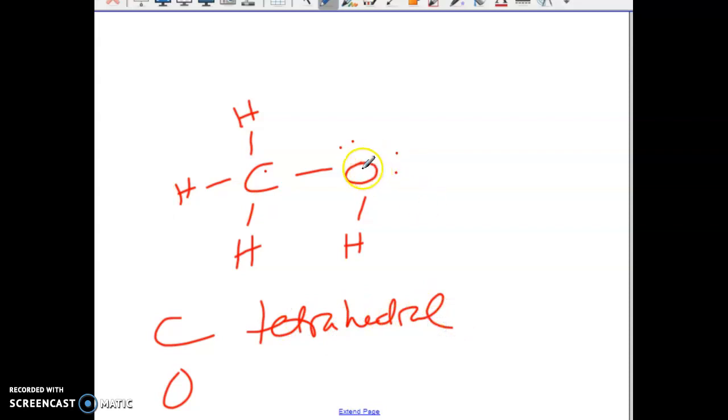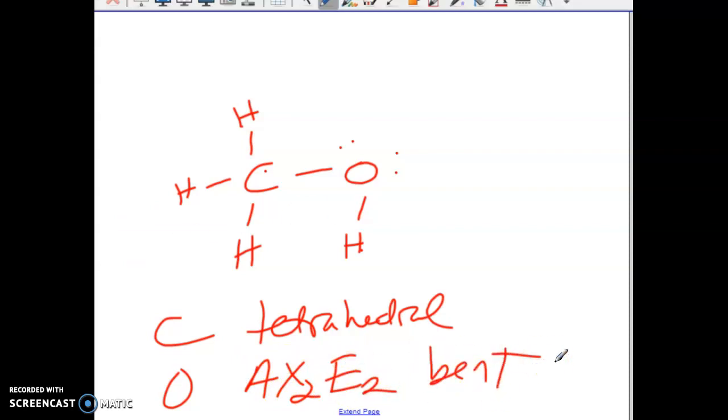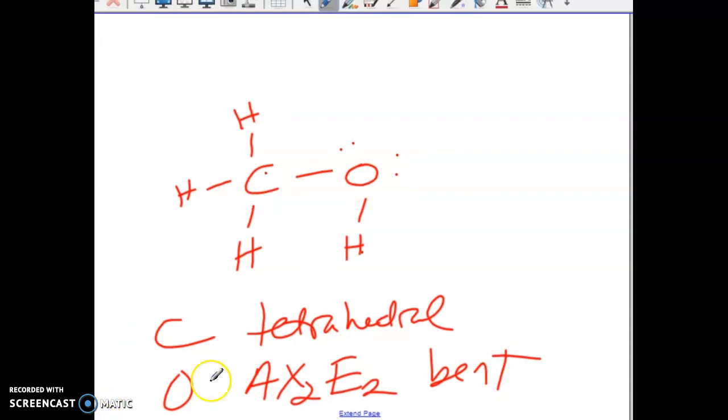And oxygen has 2 bonding elements and 2 lone pairs. So that's AX2E2, which is bent. So anytime you have a molecule that has more than one central atom, you must report the shape around each central atom.